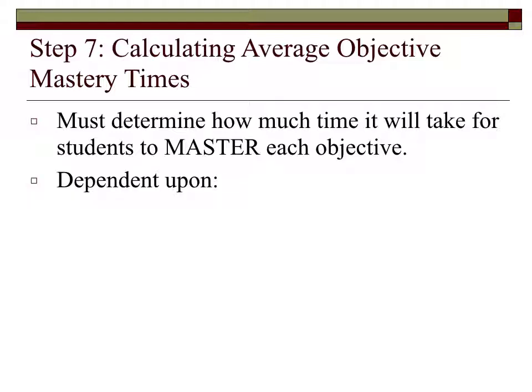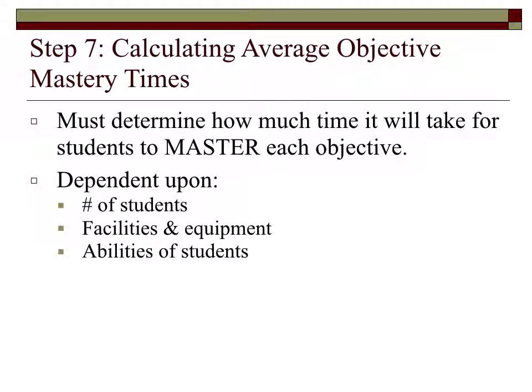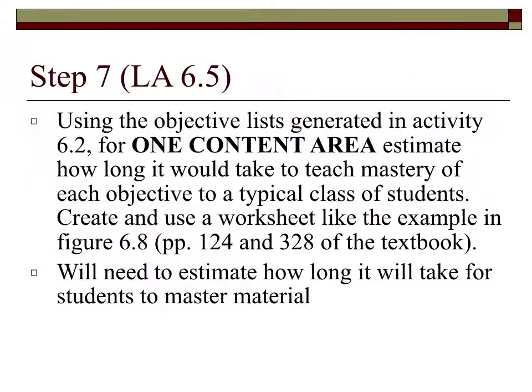This is going to be dependent on several things: how many students you have, the facilities and equipment that you have, the abilities of each student, experience of your teacher, and other factors. So I'm going to talk about the learning activity first, then I'm going to go back and talk about how to do this.